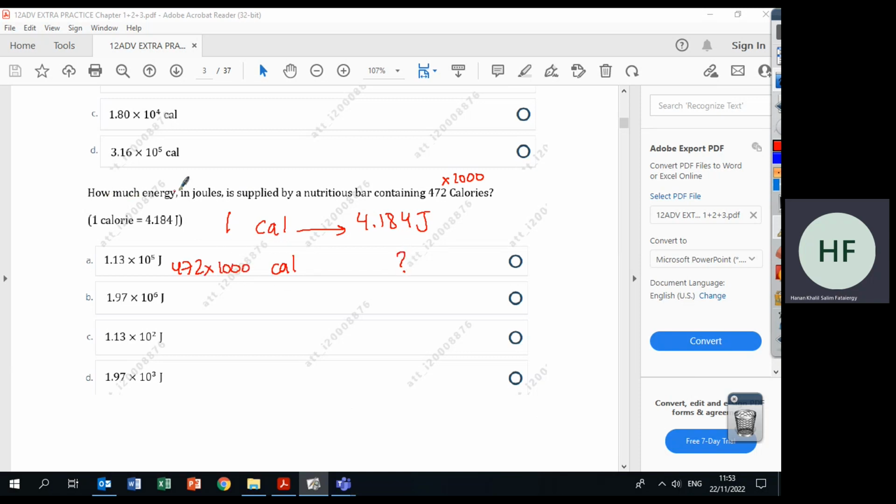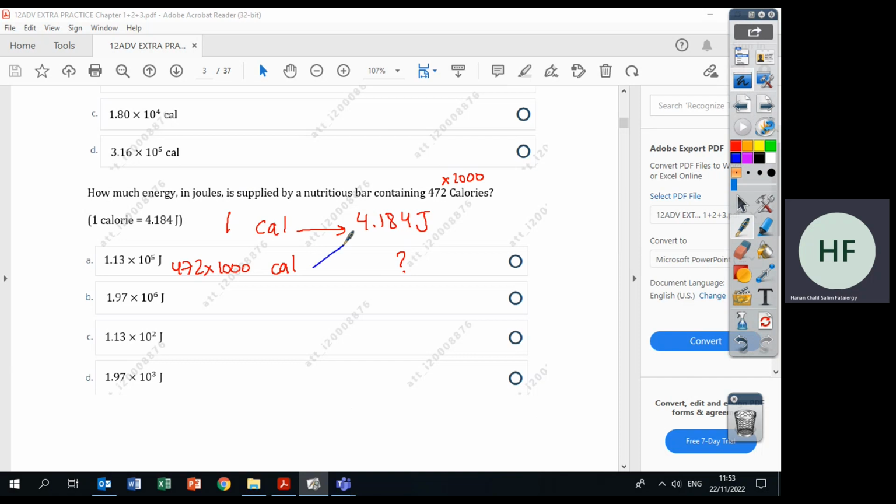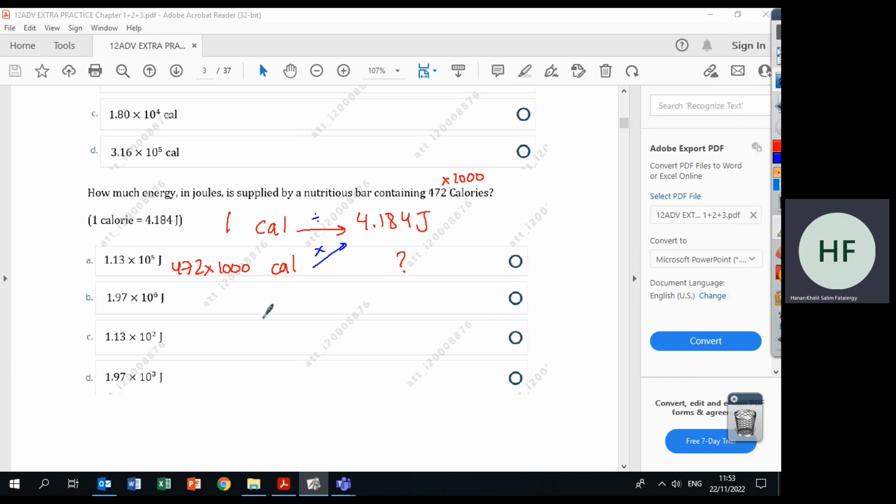How many joules? The question is how much energy in joules. So under joules, I will write question mark. Same like we did before, you do cross multiply and divide. Okay, so the answer will be B.